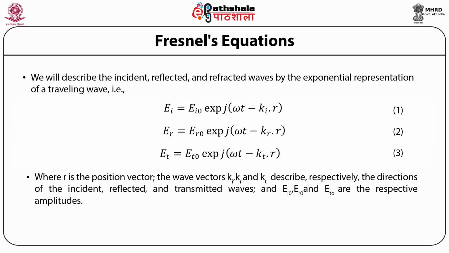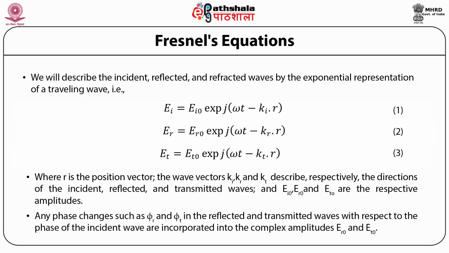The wave vectors ki, kr and kt describe respectively the directions of the incident, reflected and transmitted waves, and EI0, ER0 and ET0 are the respective amplitudes.